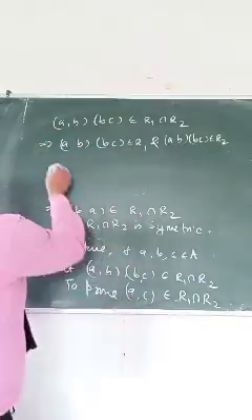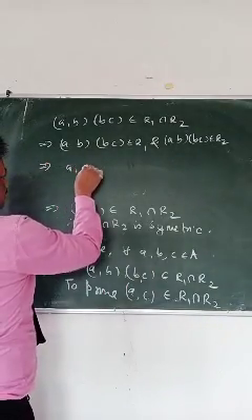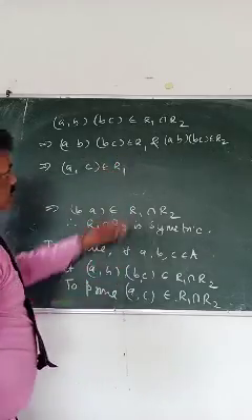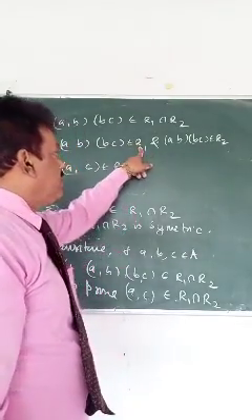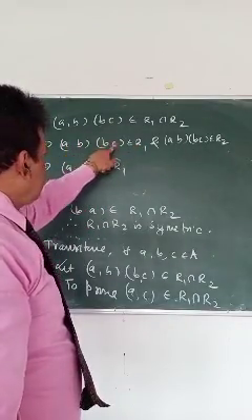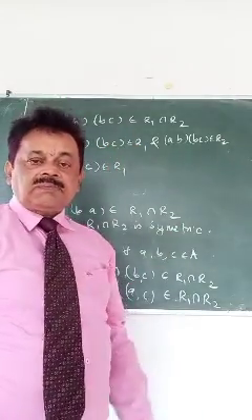Implies (a, c) belongs to R1. Why? Because R1 is given as equivalence, so it is transitive. Transitive means (a, b), (b, c) gives (a, c), which is the property of transitive.